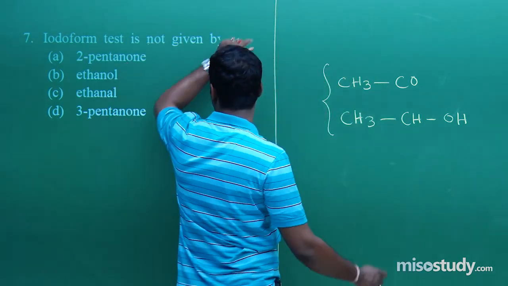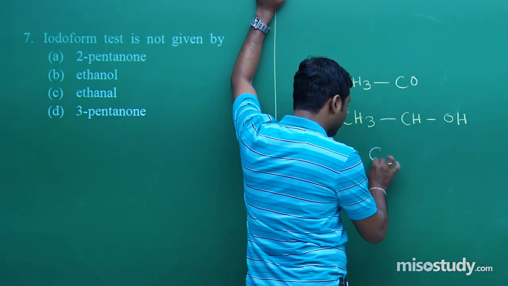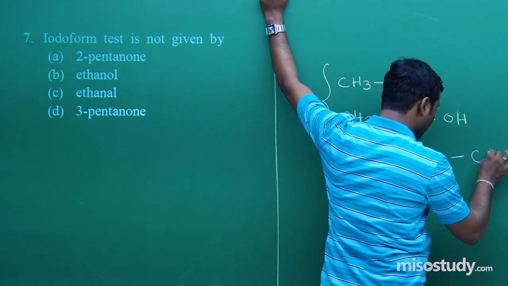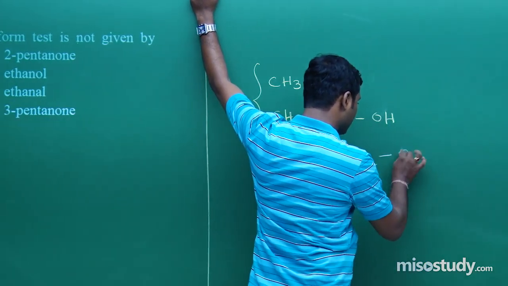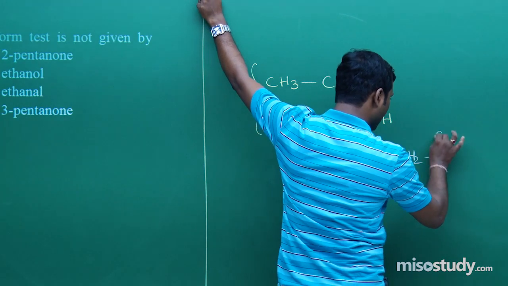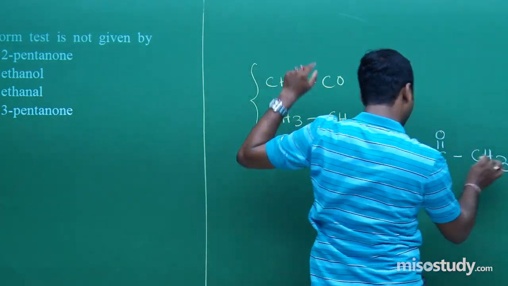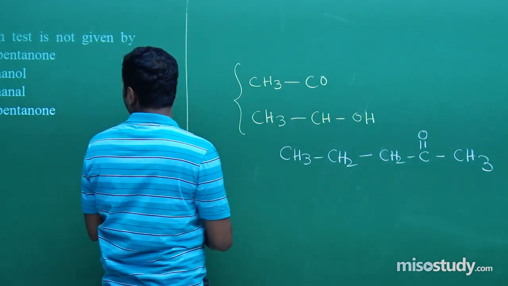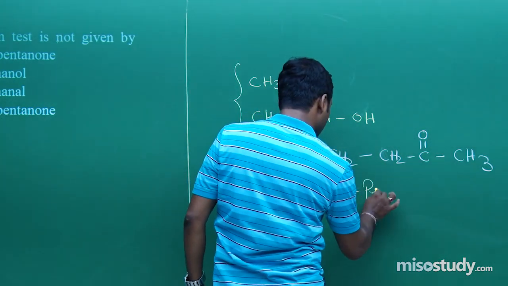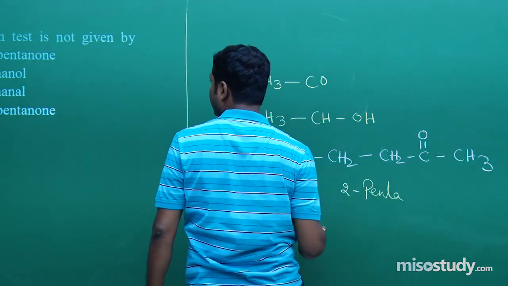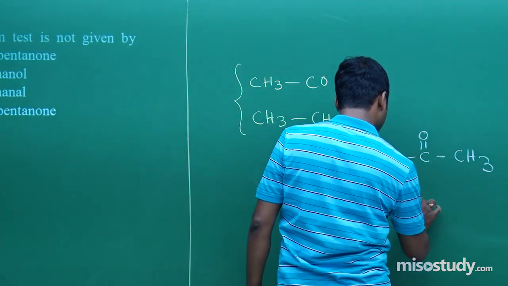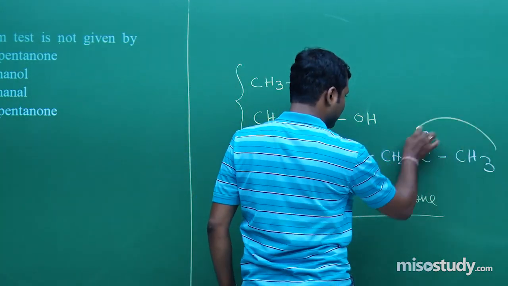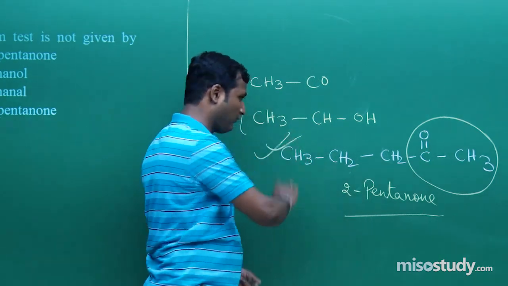If I talk about 2-pentanone, CH3CH2CH2COCH3, count the number of carbons, 1 2 3 4 5, that is 2-pentanone. Look at, here is the CH3CO linkage. So it will give a positive iodoform test.